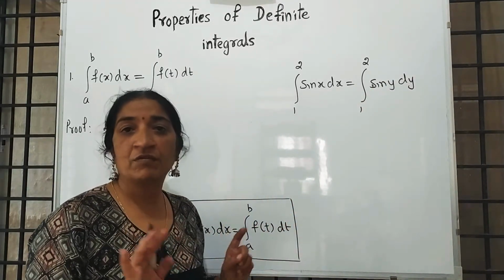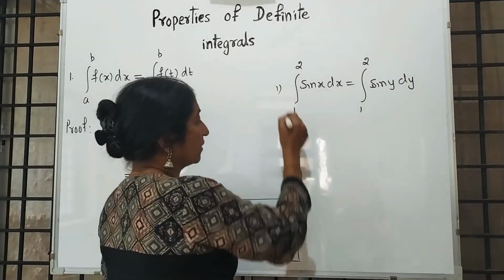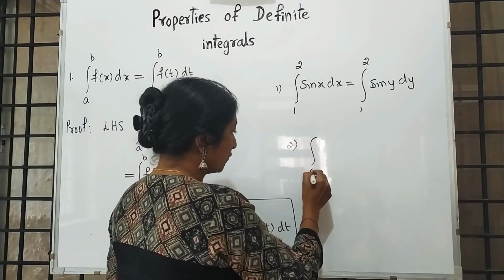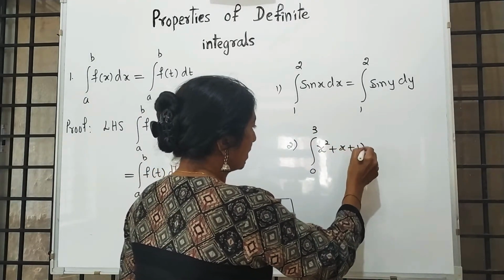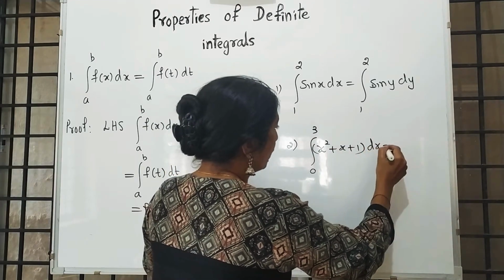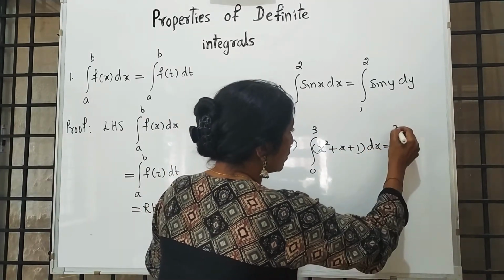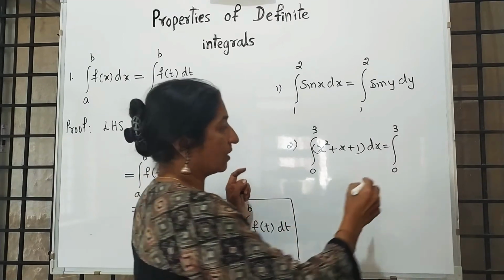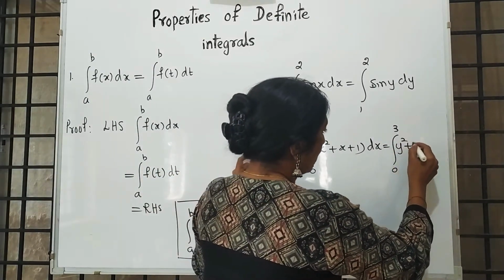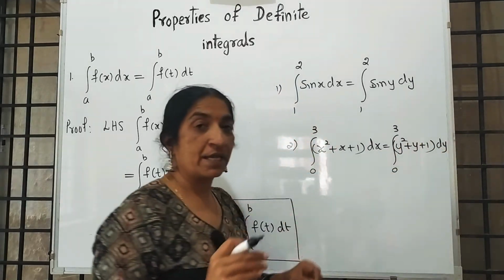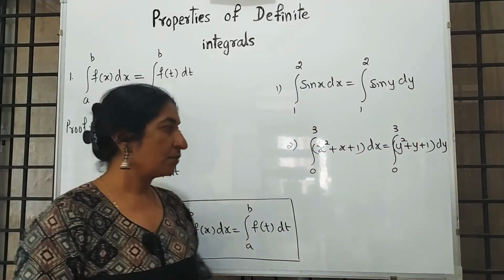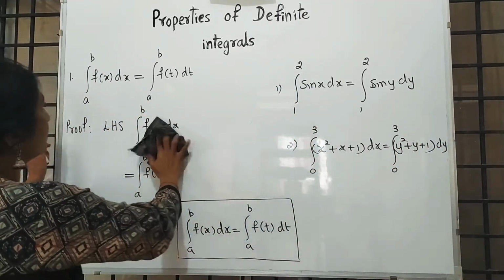Only the variable we will change. Or if it is integration from 0 to 3 of x square plus x plus 1 dx, for our convenience we can change only the variable: y square plus y plus 1 dy. Like this we are applying the first property. Moving to the second property.